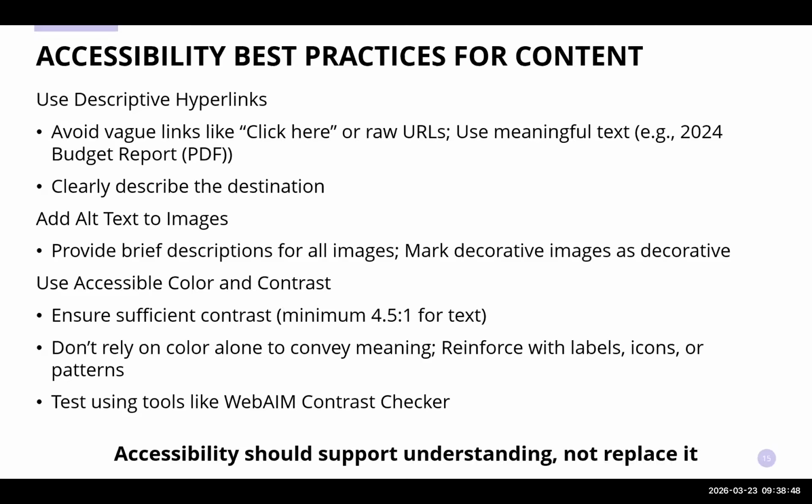By using descriptive hyperlinks, alternative text, and accessible colors, you're making the spreadsheet clear and usable, not just for people who can see it visually, but also for someone who cannot see the colors or the images. Next slide, please.